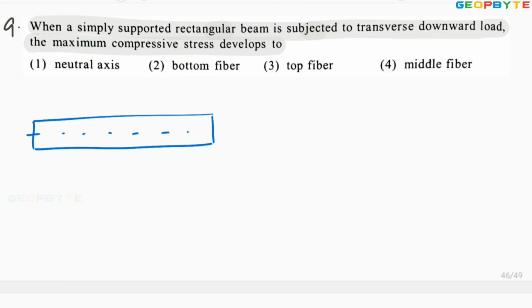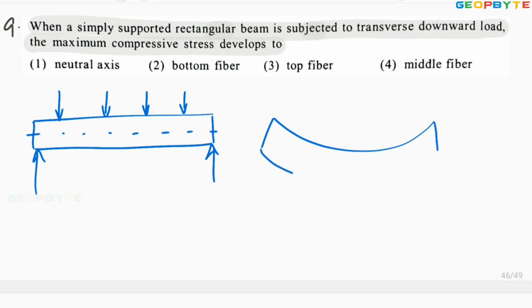This is the axis of the beam. It may have the supports and the load may be acting like this. These are all the loads. Because of this load, what is happening? The beam is going to bend like this. The beam is bent like this.